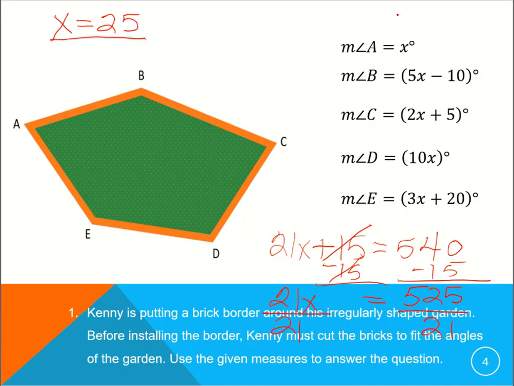Now that I have x, I'm going to substitute it back into each expression to find the number of degrees in each angle. The measure of angle A is 25 degrees. The measure of angle A is just x. Substitute in 25 to the expression for angle B. 5 times 25 is equal to 125. 125 minus 10 is equal to 115.